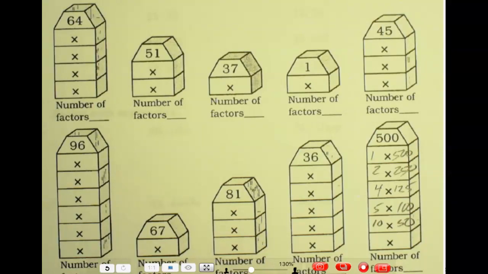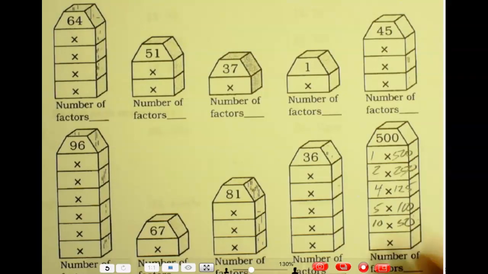See where we're getting here? 16 goes into 480, so it's not going to go into 500. 17 goes into 510 because 17 goes into 51, so it's not going to go into 500. 18 goes into 540, so no. 19 goes into 390, so no, that's not going to go in there.